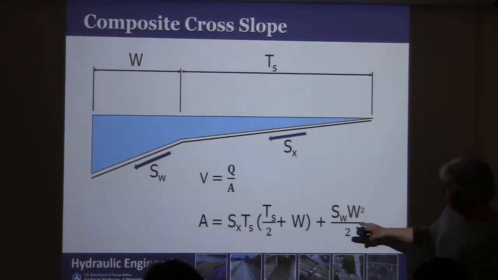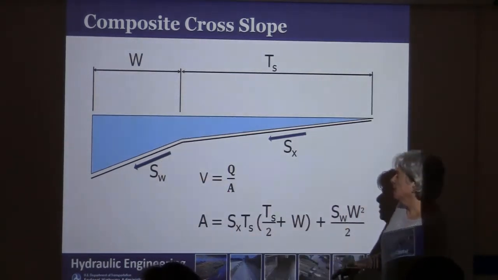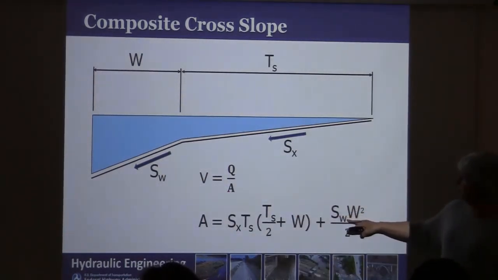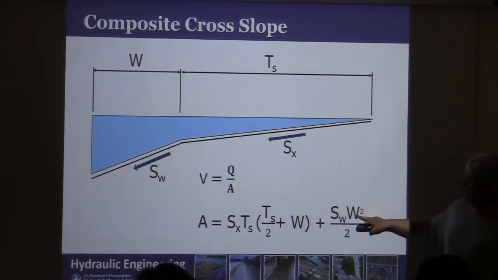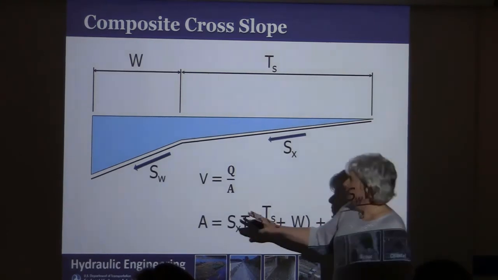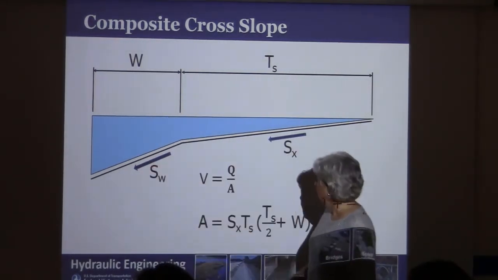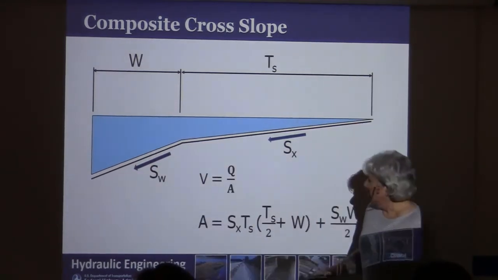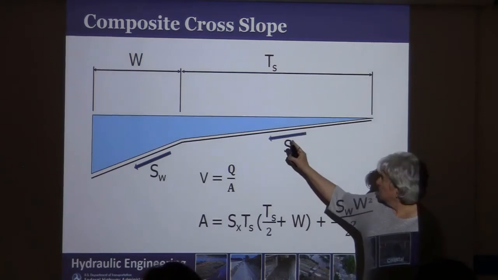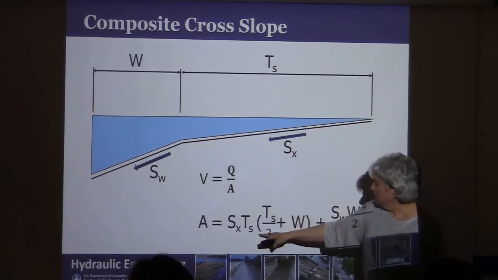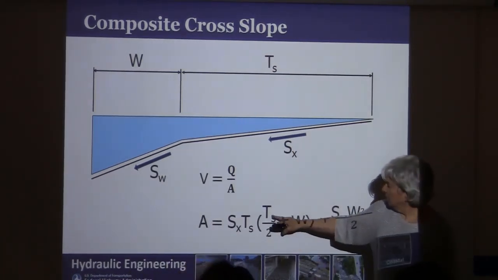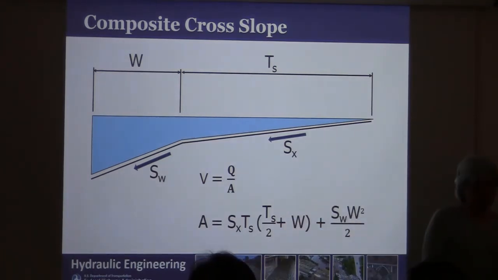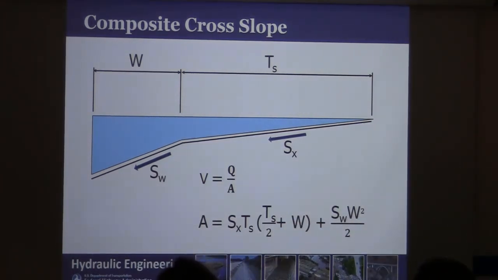And now for this composite section, it's just S sub W instead of S sub X times the width W squared divided by 2. So that is giving you the area in this region. And then the rest of it is just S sub X times T sub S, and then it's T sub S over 2 plus W. If you really sat down and thought about it, you'll figure out that it all makes sense.